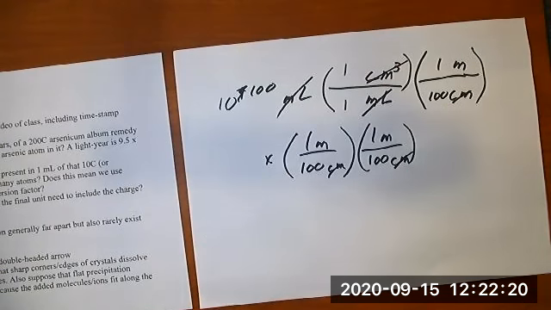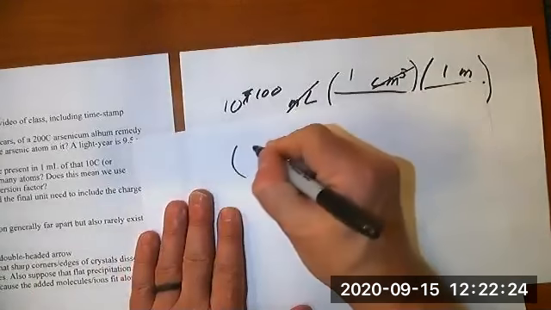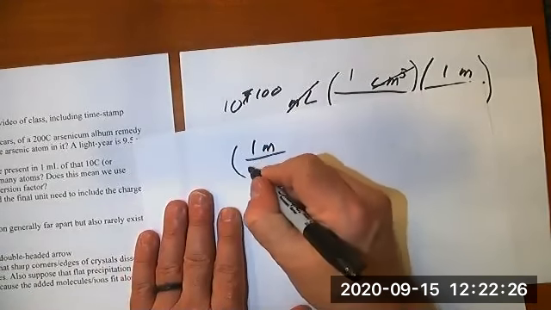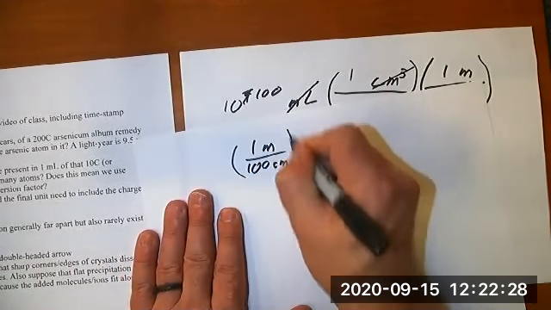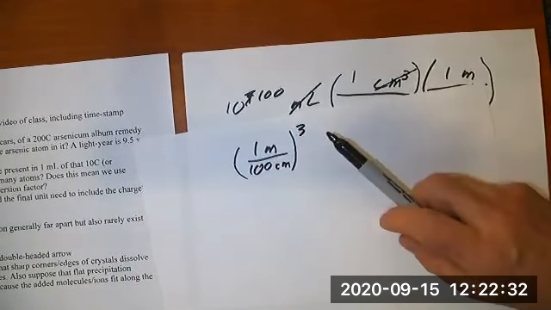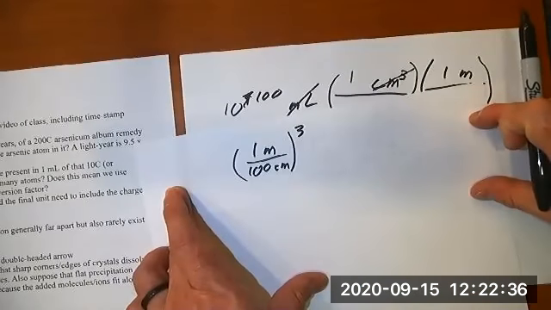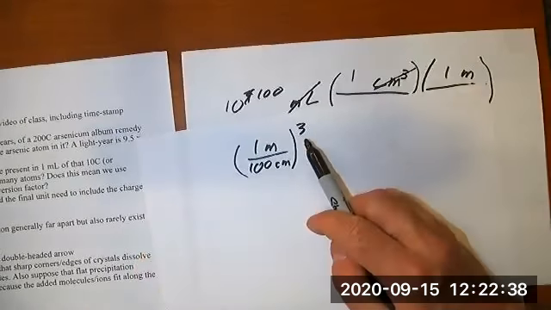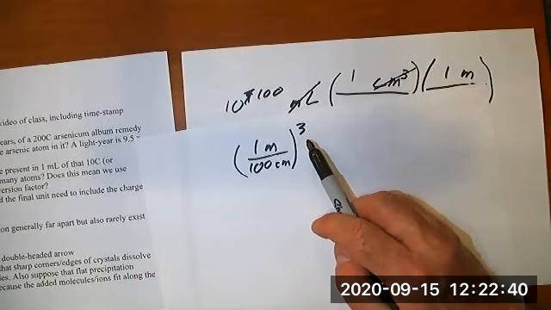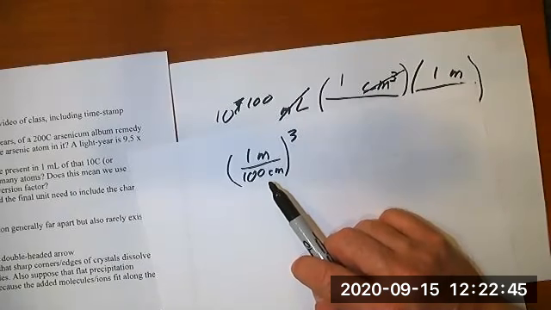Now, you can write that, if you prefer, as 1 meter over 100 centimeters cubed. My problem with doing that is once I have my long dimensional analysis line, I will sometimes overlook the fact that there's this cube here, and I'll forget to divide by 100 cubed.